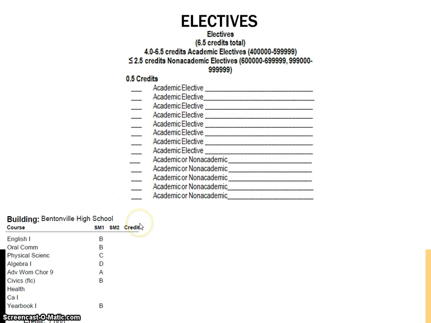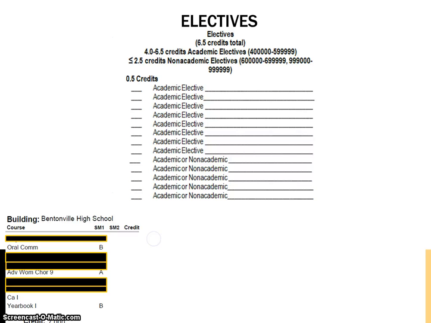Here is the list of electives to enter any courses above and beyond the core graduation requirements. Before doing so, we're going to mark through the credits that we have already used somewhere else on our checklist today: English, math, science, social studies, health, oral comm, the first semester of Advanced Women's Choir, and also yearbook.